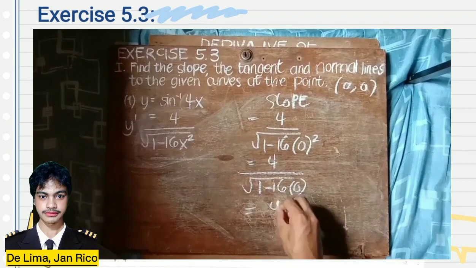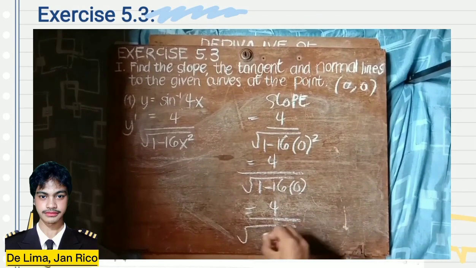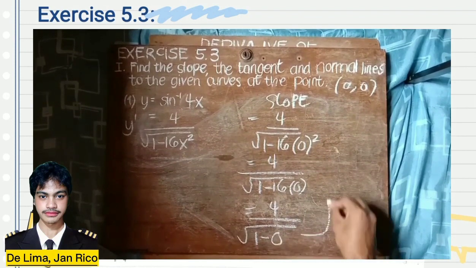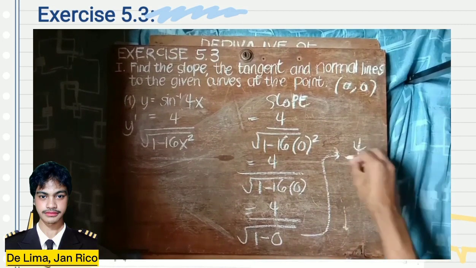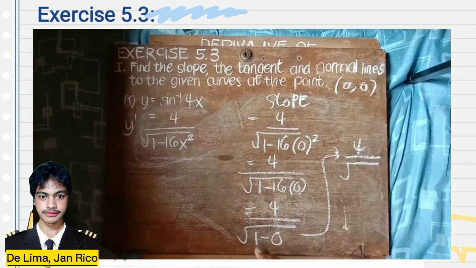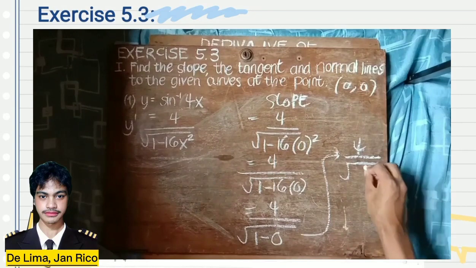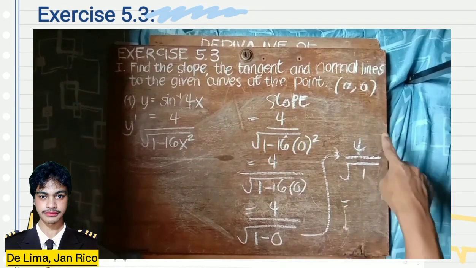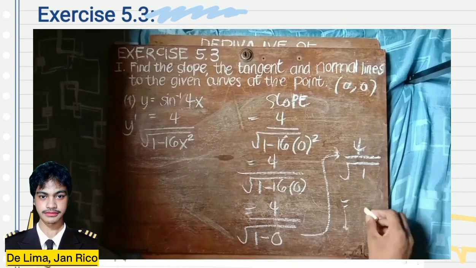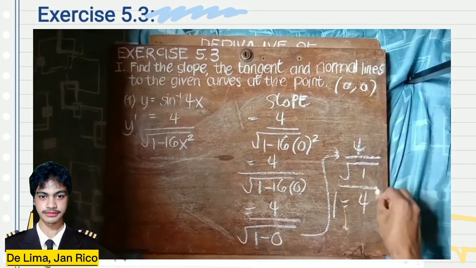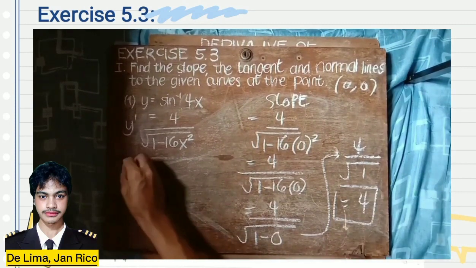Would be equal to 4 all over the square root of 1 minus, and 16 times 0 would be equal to 0. Next is equal to 4 all over the square root of 1 minus 0, which is equals to 1. Which is 4 all over the square root of 1 is equals to 4. So ang value natin for slope is 4.